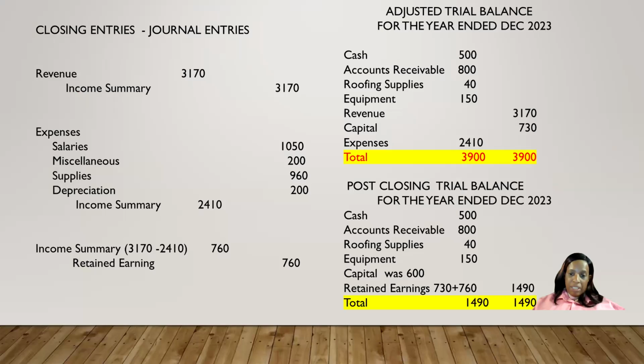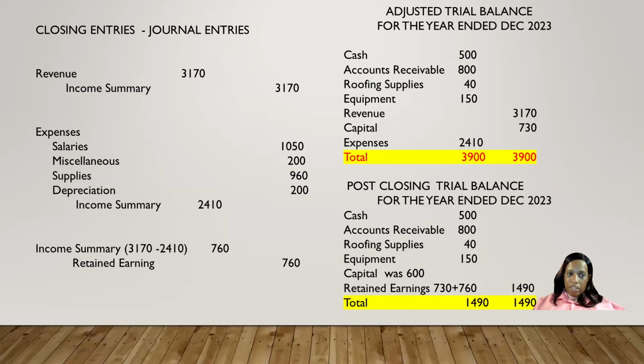Revenue, expenses, income summary. In some methods you close from income summary to retained earnings. Some people say income summary to capital. And then we close our drawings to our capital. So that is what I call the read.